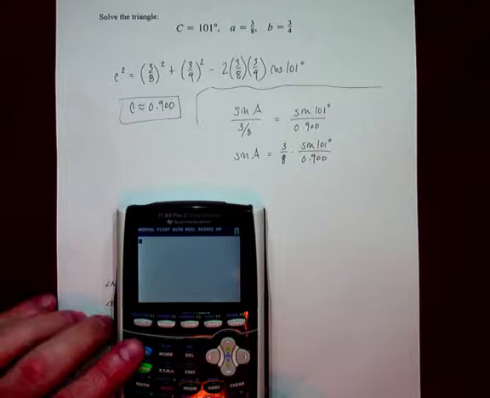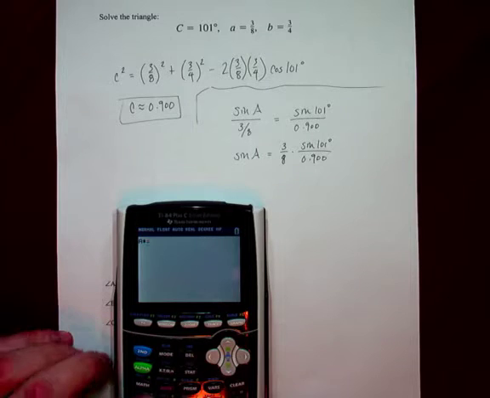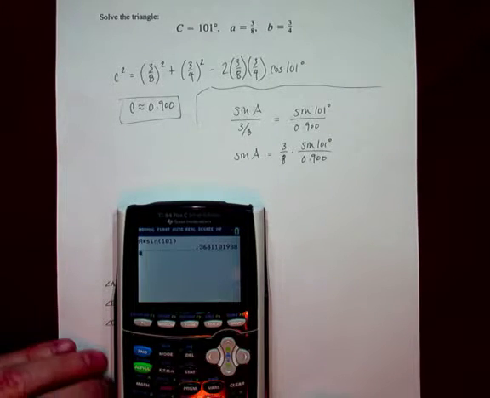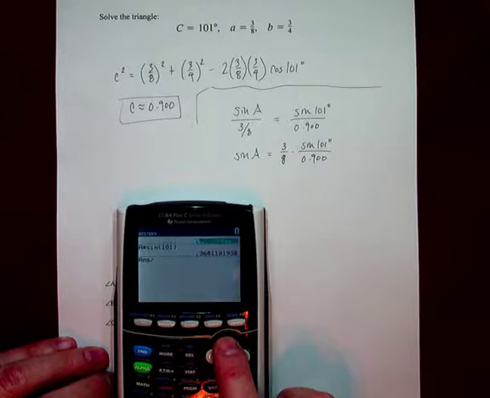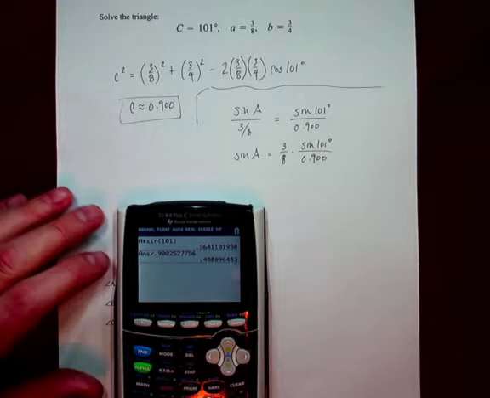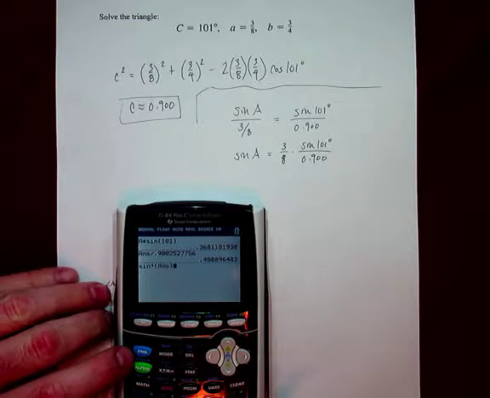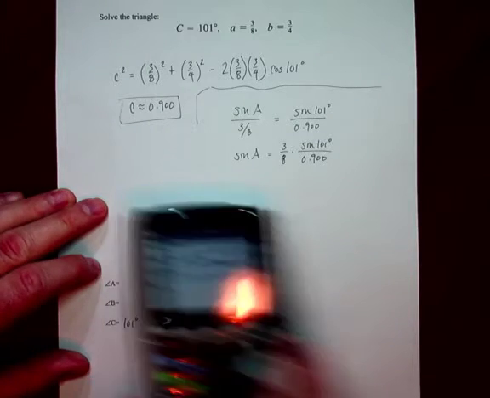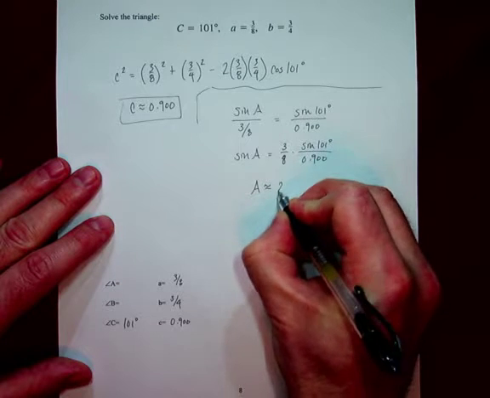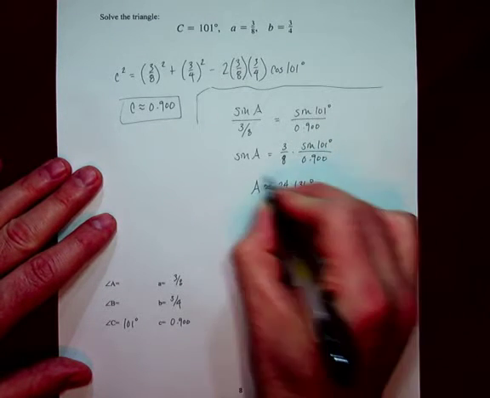Now, 3/8 is obviously my a value, and I'm going to multiply that by sine of 101, and then divide that by this 0.9, and I get 0.409. It's that value that needs to have the inverse sine taken of it, and I am left with a is approximately 24.136.